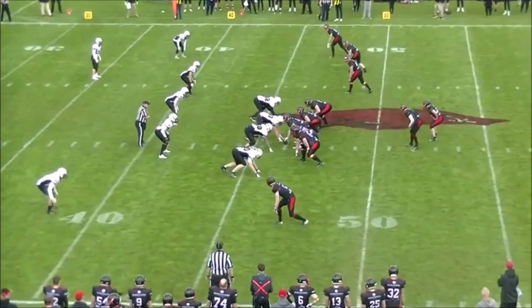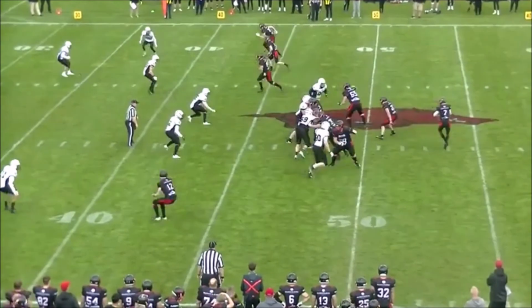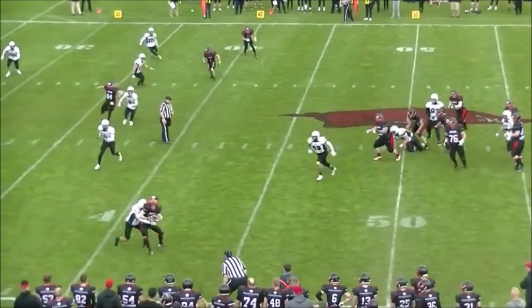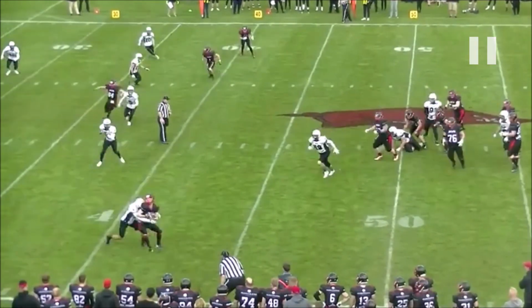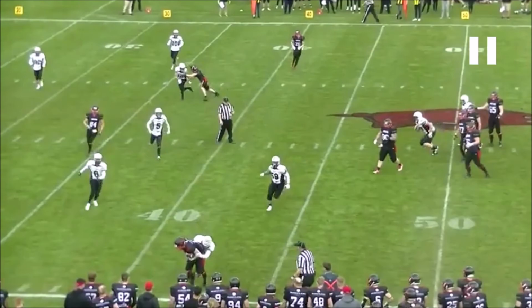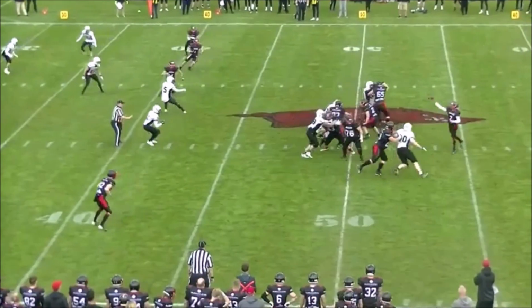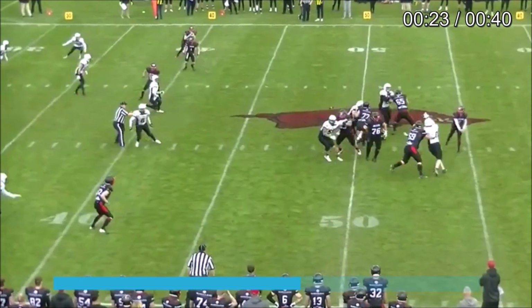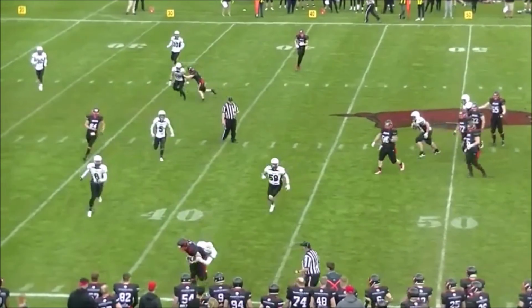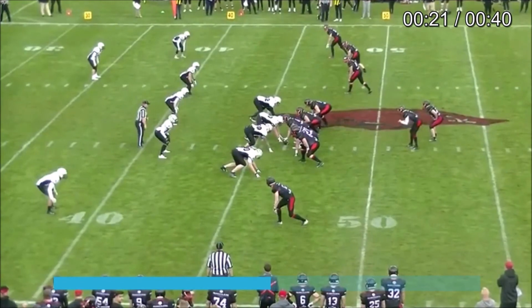This play illustrates another point. He's contacted there, and then he moves out of bounds pretty much at a 90-degree angle to the sideline. And when that happens, if he's 90 degrees to the sideline, then progress is stopped in bounds.